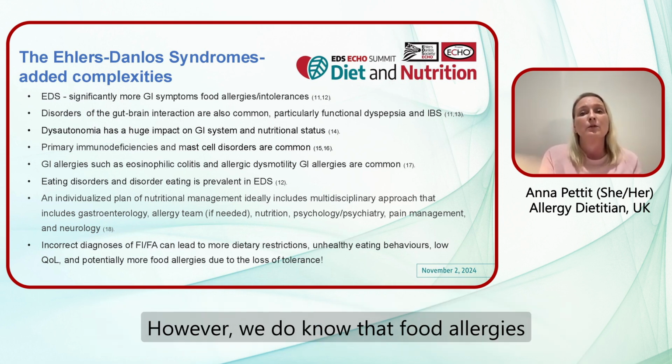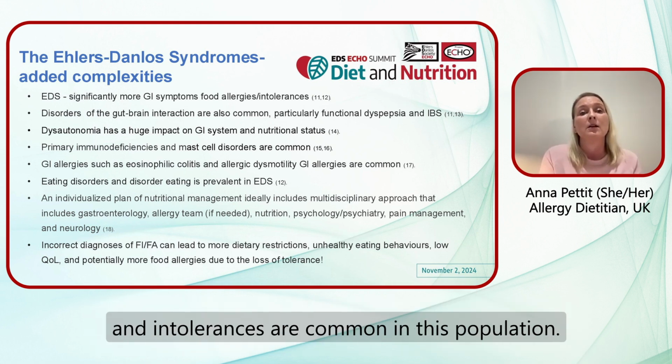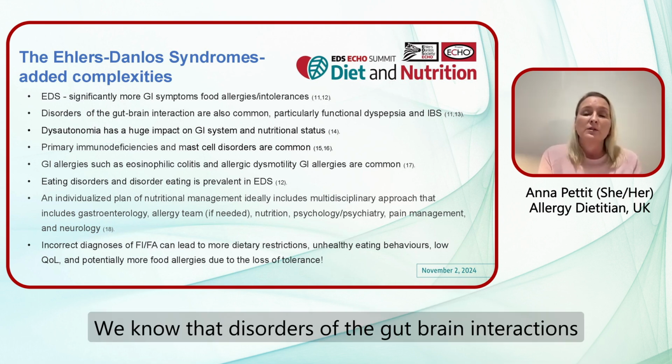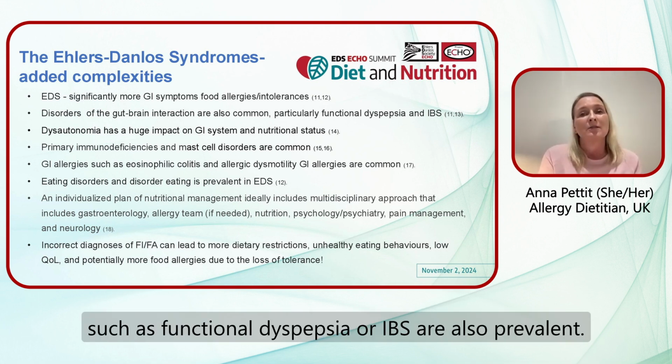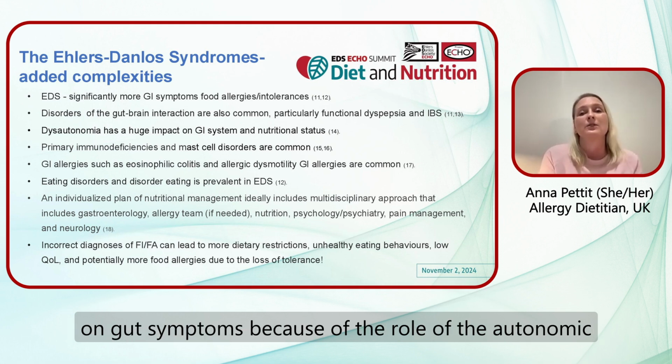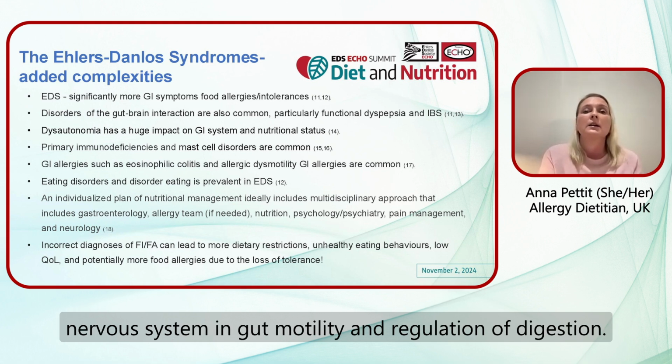However, we do know that food allergies and intolerances are common in this population. We know that disorders of the gut-brain interaction, such as functional dyspepsia or IBS, are also prevalent. And we know that dysautonomia can have a huge impact on gut symptoms because of the role of the autonomic nervous system in gut motility and regulation of digestion.